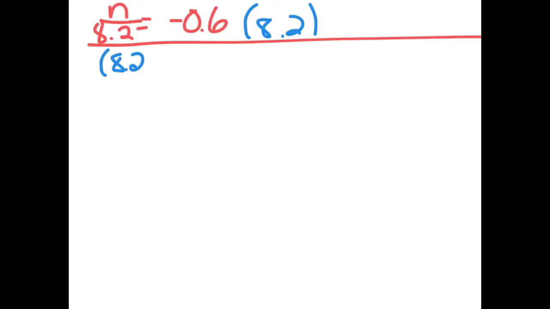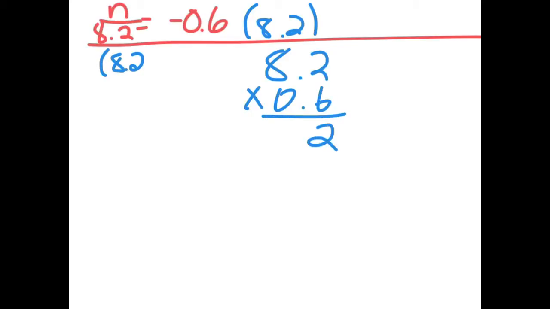Now, to do this, 8.2 times 0.6 would be 12. So then that would be 49. Carry that decimal down. So our answer of n would equal 49.2.